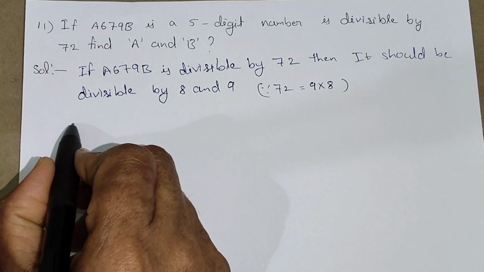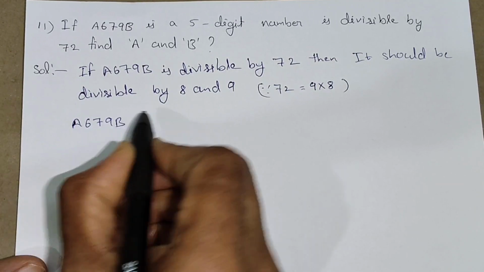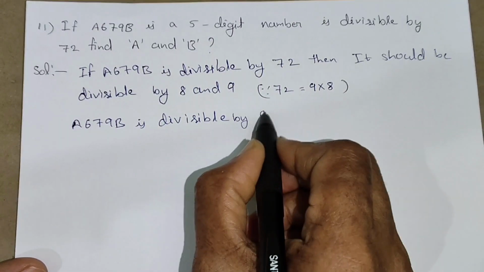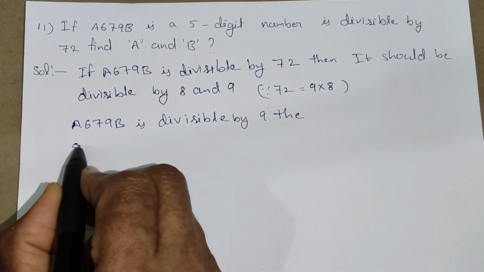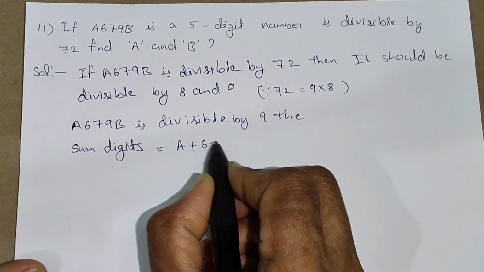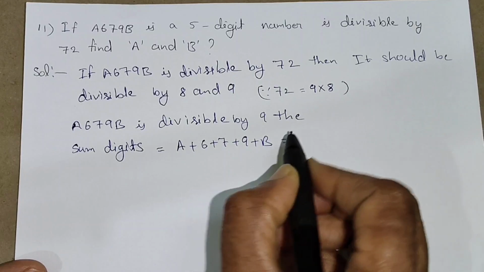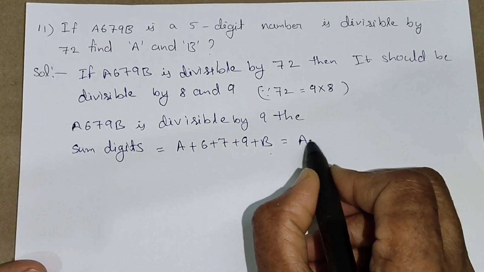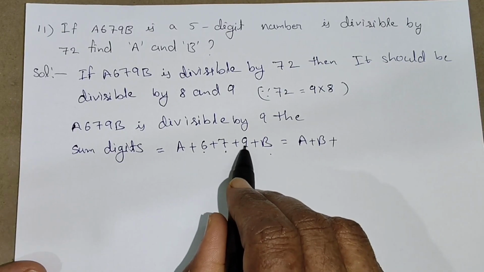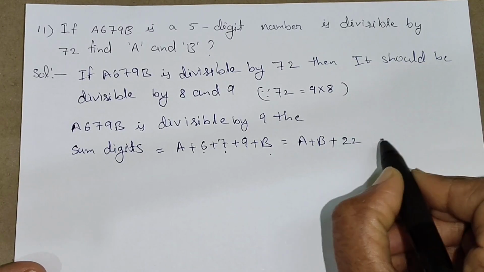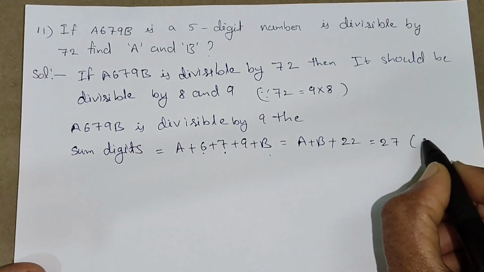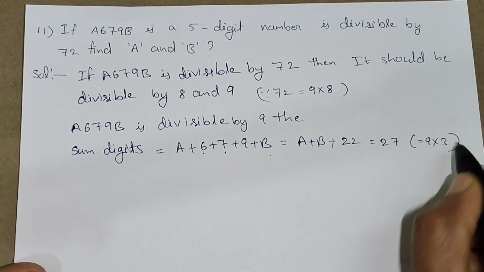First we check the divisibility rule by 9. If A679B is divisible by 9, then the sum of the digits, A plus 6 plus 7 plus 9 plus B, equals A plus B plus 22, since 6 plus 7 is 13, plus 9 is 22. Since this number is divisible by 9, we write it equal to 27, which is 9 into 3, 9 threes are 27.